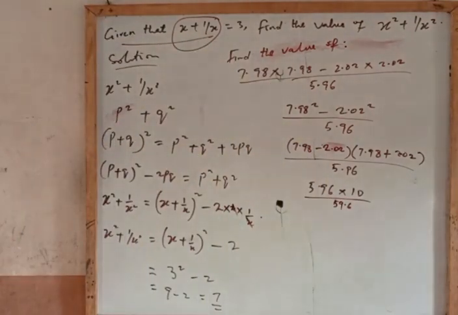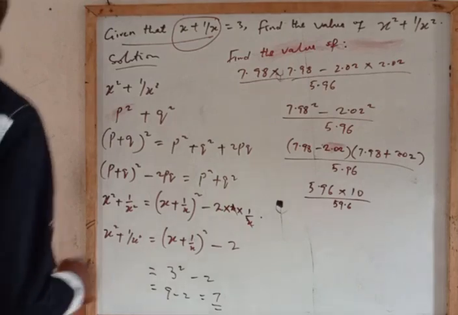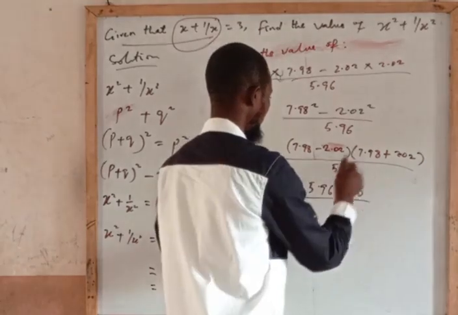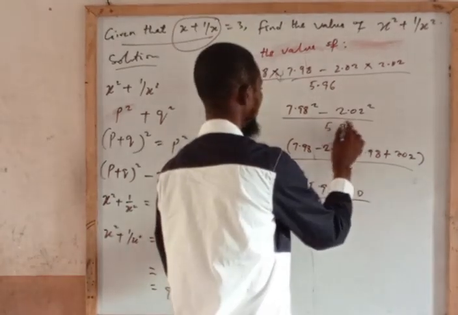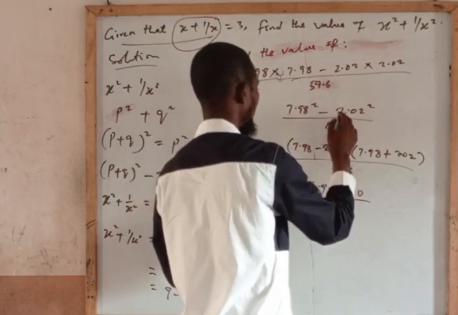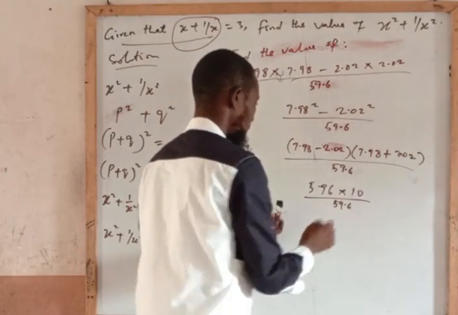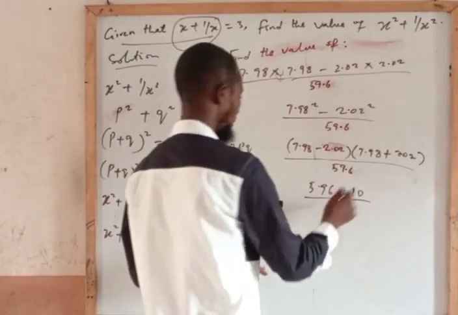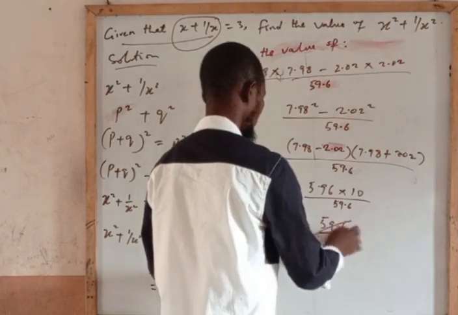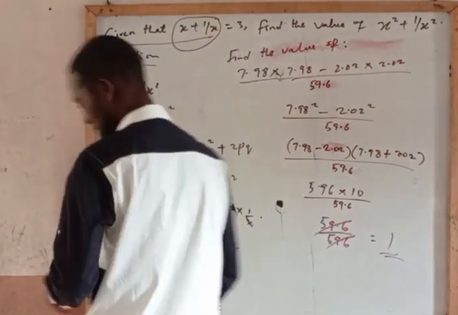Let me recheck that question. Now, this one is 59.6, not 5.96. So when this is multiplied, we have 59.6 over 59.6. So this cancels this, and the answer is 1.